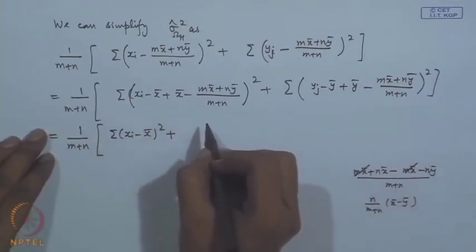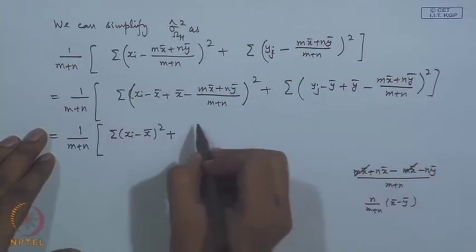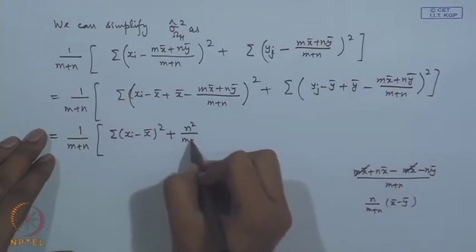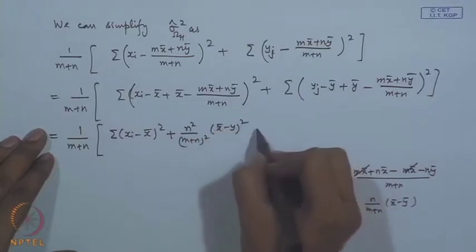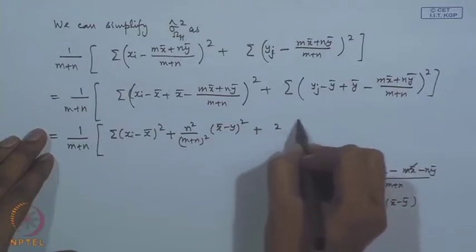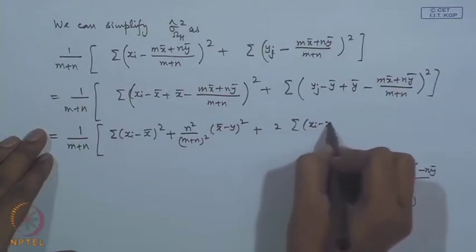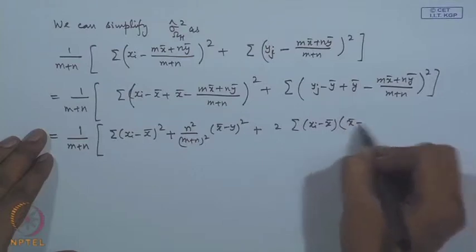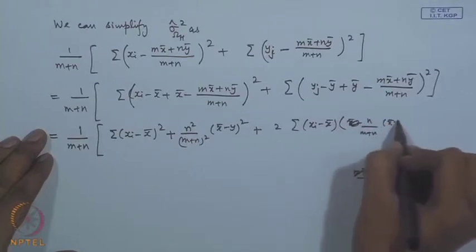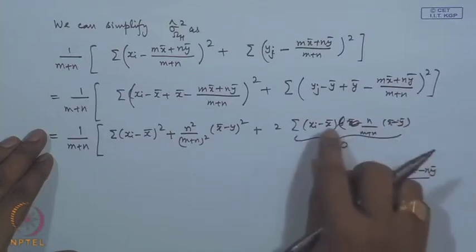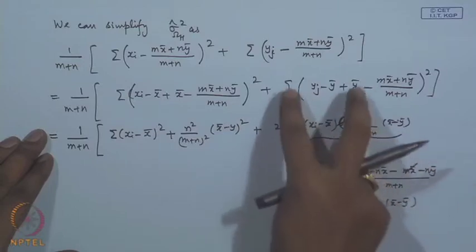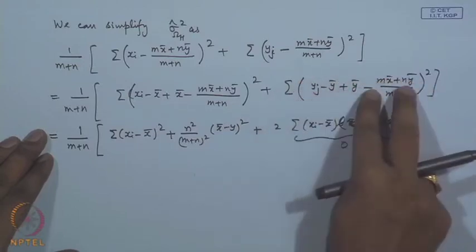So, I get n square by (m plus n) square times (x bar minus y bar) square. Then there is a cross product term, twice sigma (x_i minus x bar) into (x bar minus y bar) times n by (m plus n), the same term. Now, this term is nothing but 0, because sigma (x_i minus x bar) is 0. Similarly, I expand the second term.